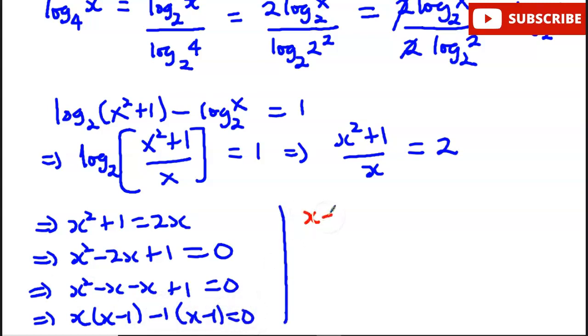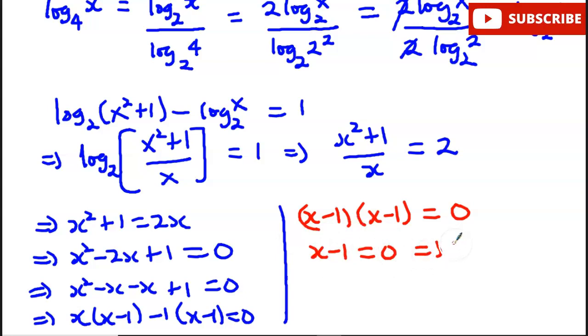So x minus 1 all squared is equal to 0. So this is a perfect square. So x minus 1 is equal to 0 implies x is equal to 1. So therefore, in each case we are going to get 1. Therefore, x is equal to 1 twice, because it is a perfect square.